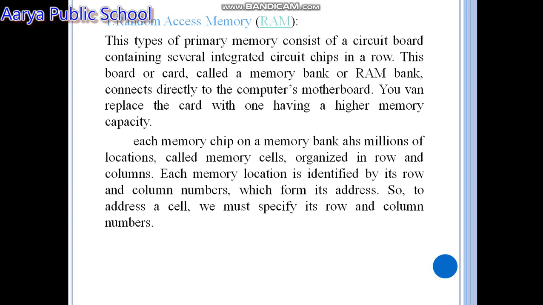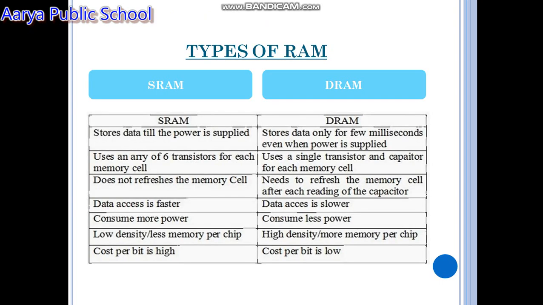Then the next part: the two types of RAM, SRAM and DRAM. Just in short, we get information about SRAM and DRAM. S is for static random access memory, and D is for dynamic random access memory.